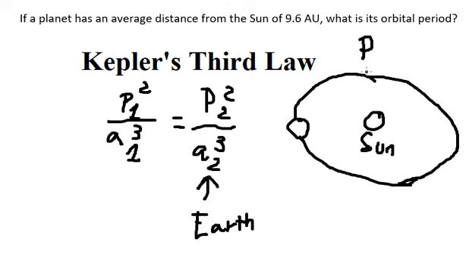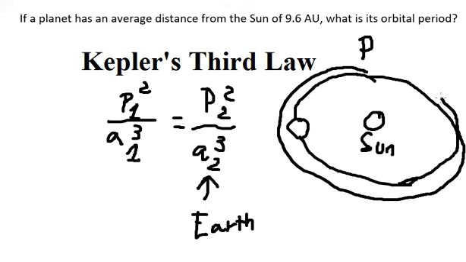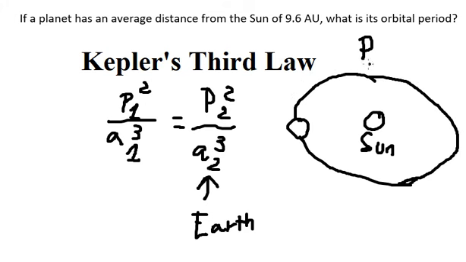That means when they go one ellipse in here, they finish one ellipse in that time. So this is the period. A is the distance between the sun and this planet in here. So we know that we have 9.6 and that is the distance.